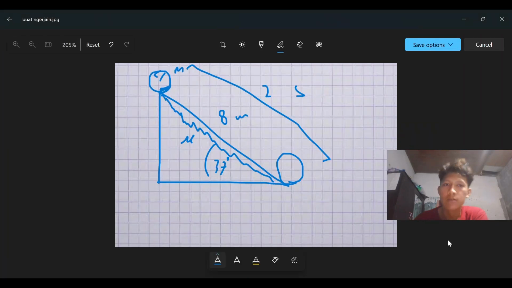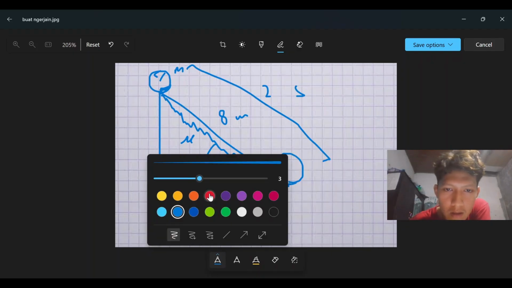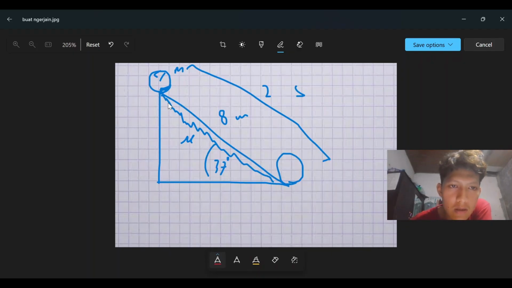The first thing you want to do is draw the force that is implied in this question. There's a mass m, and of course there's gravity included, which is 10.